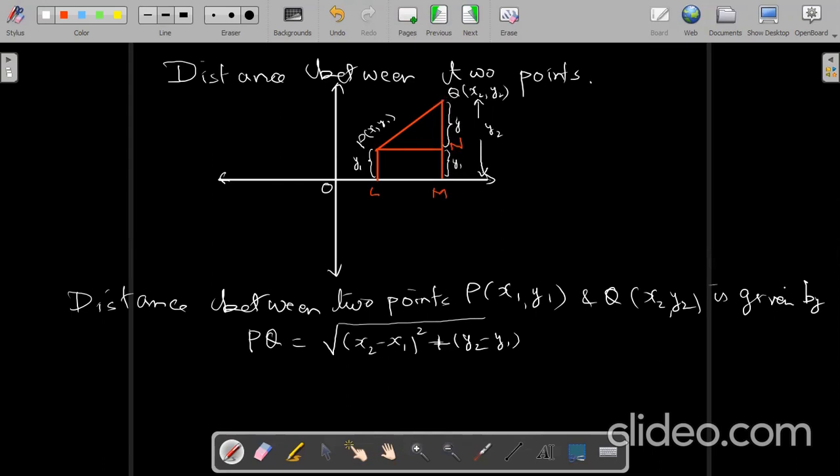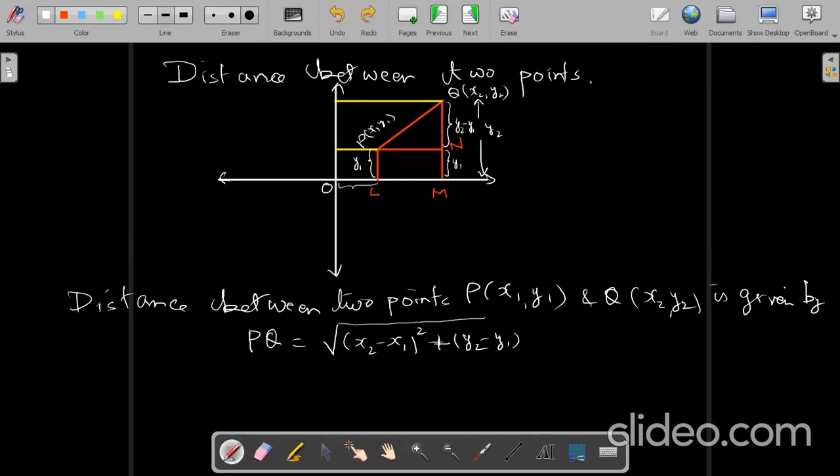You don't have the proof, but still I am telling you how to prove it. Similarly, here, when you drop the perpendicular on the x-axis from these 2 points, these two distances are x1.